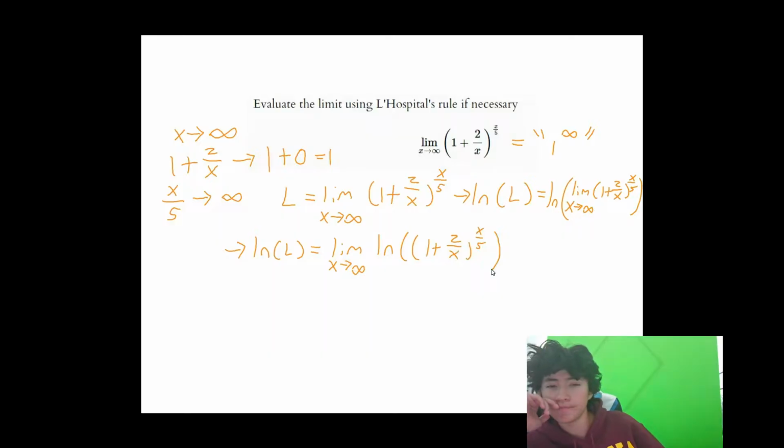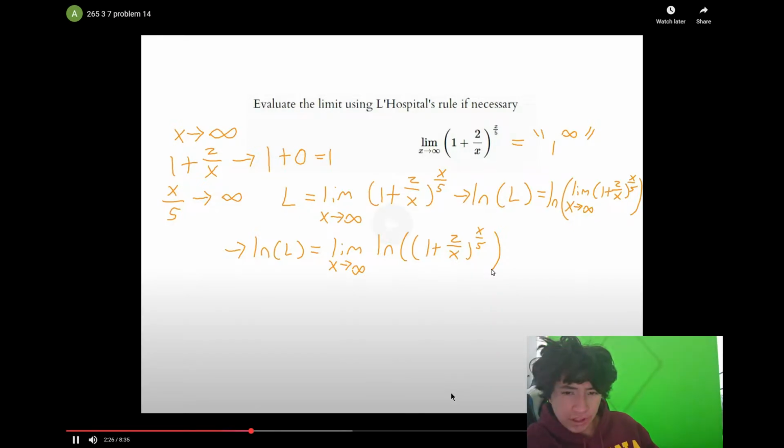Yes, that's why we couldn't do it in the first place.